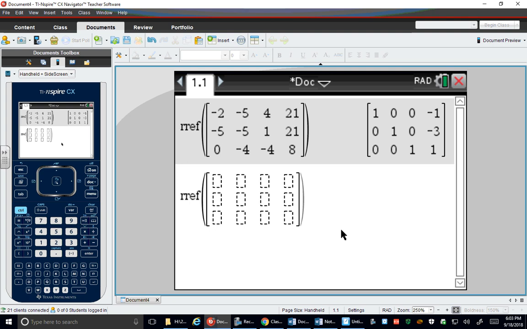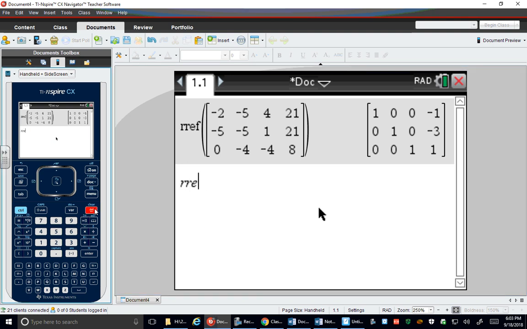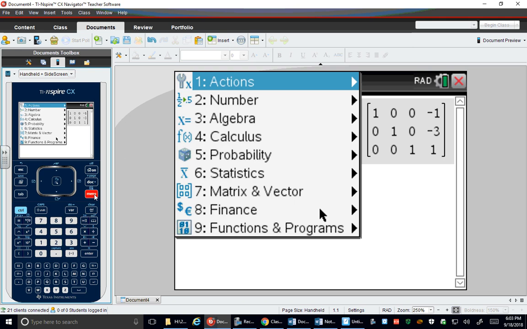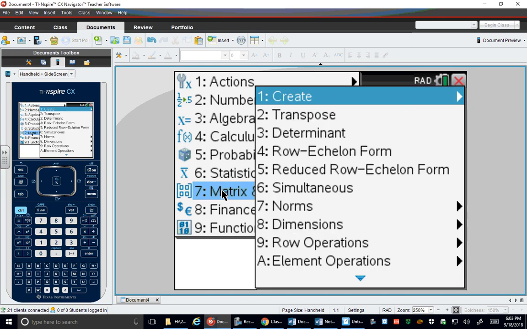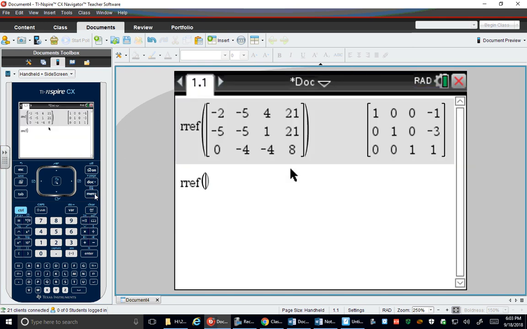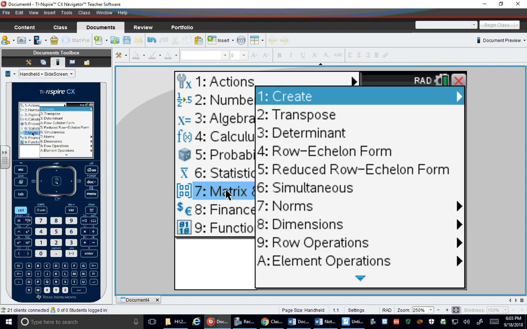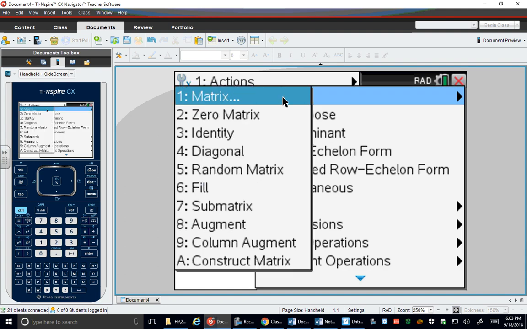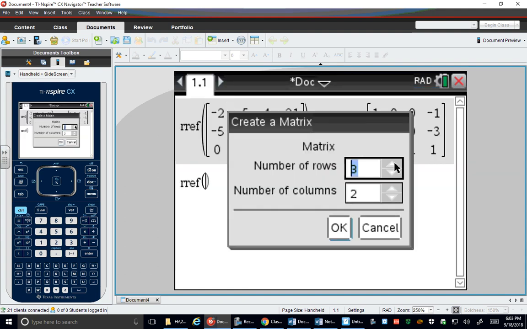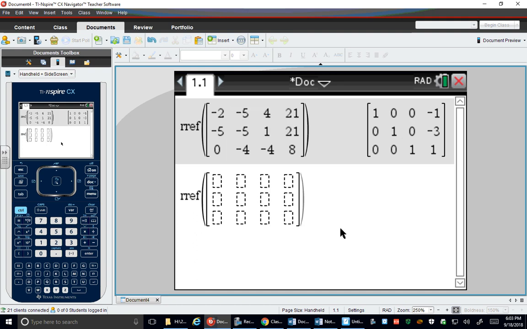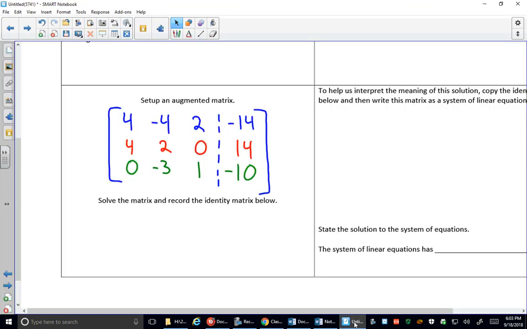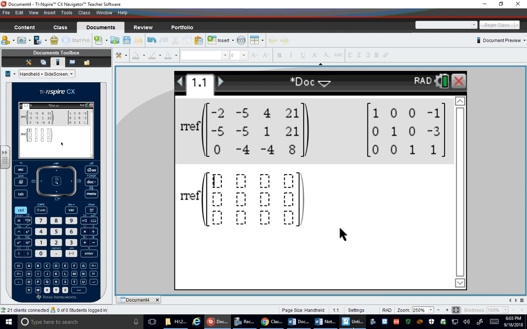Because keep in mind the other way, if I didn't want to do this one, is menu 7, 5, menu 7, 1, 1. And yet again, I can go choose those rows and columns. Either which way works.